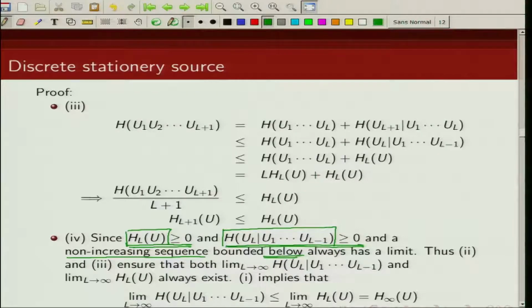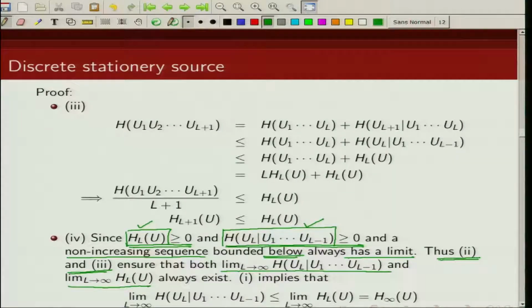If you have a non-increasing sequence which is bounded below, then as L goes to infinity, it always has a limit. So thus, from properties 2 and 3, which say that this particular term and this particular term are non-increasing as L increases, this ensures that when L goes to infinity, both these terms have a limit which exists.